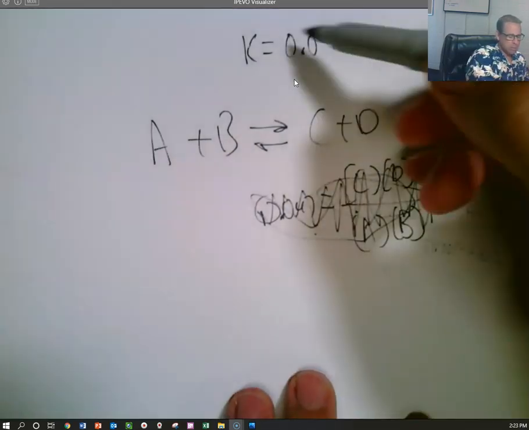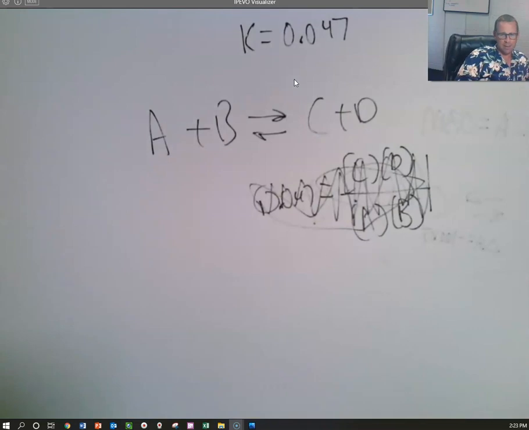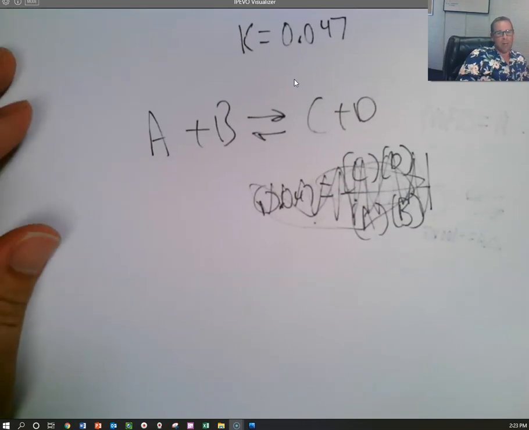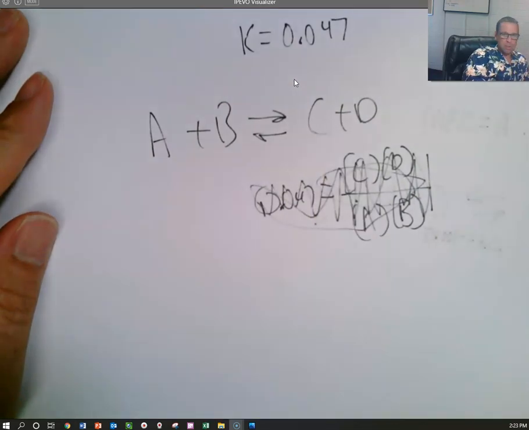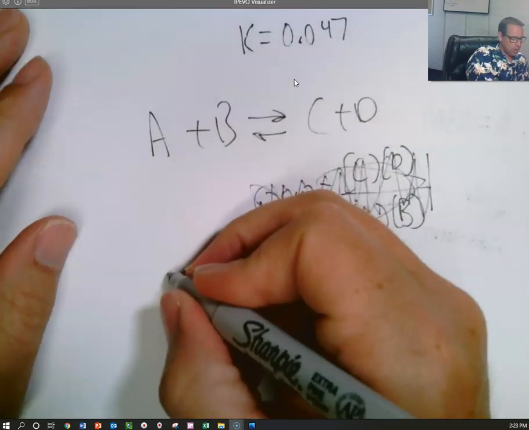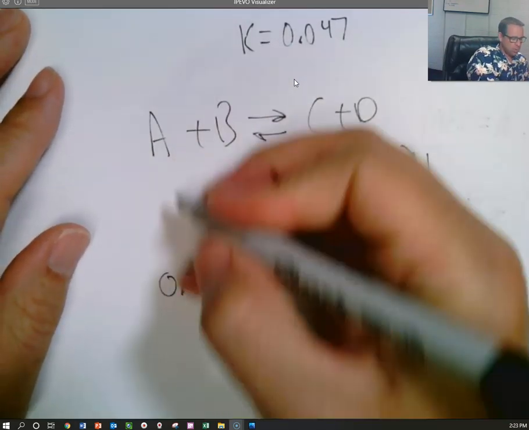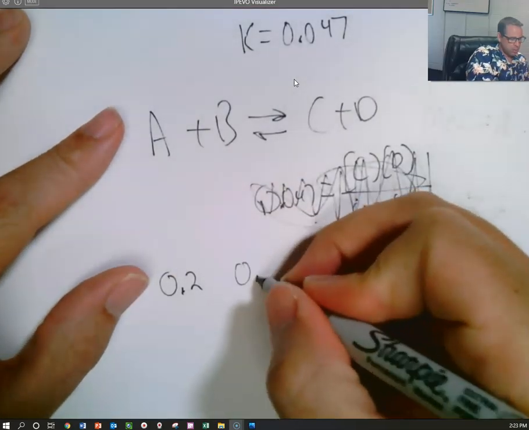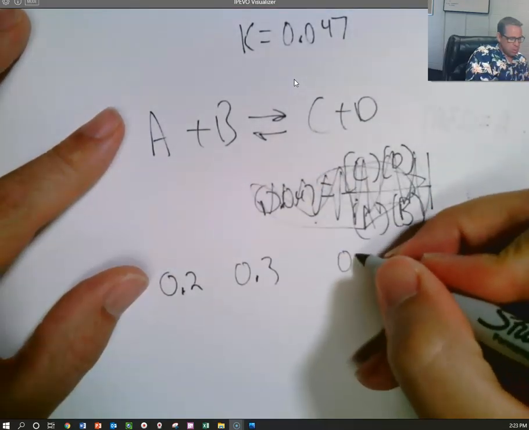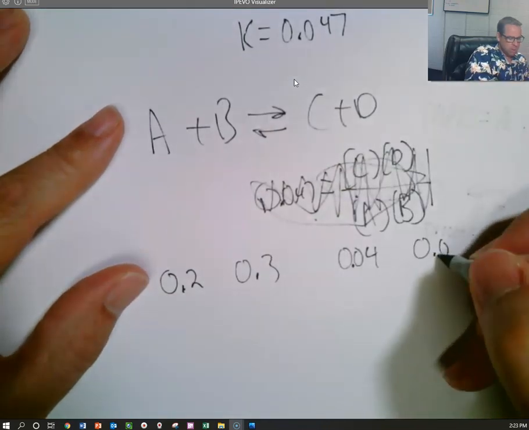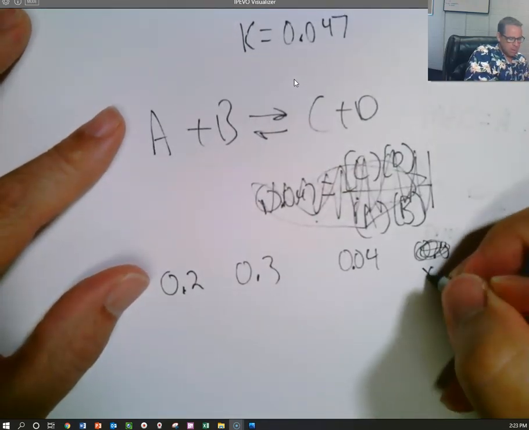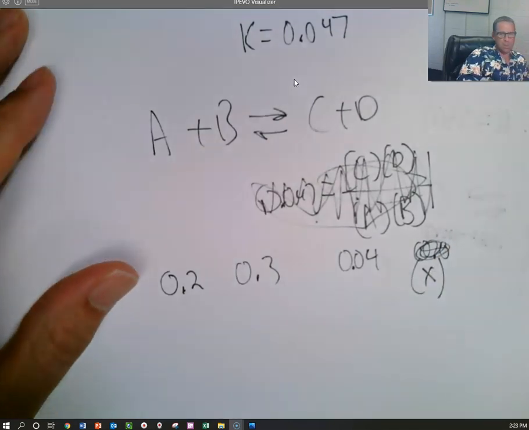Now we're going to hijack the rest of this information and answer this kind of question. So if at equilibrium, the concentrations of A, B, C, and D are 0.2, concentration of A, 0.3, 0.04, and D is unknown.